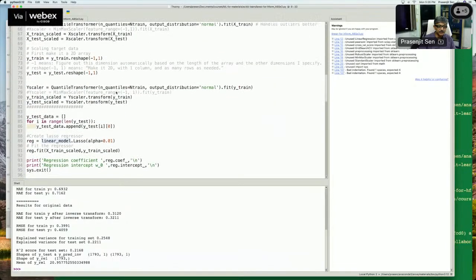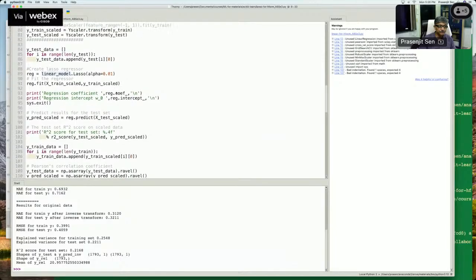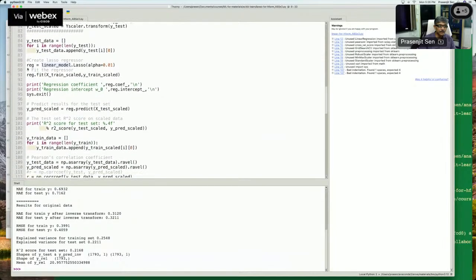The scaling, the split, everything goes as usual. The model is defined here. And in this example, I have put in a specific value of alpha. So here I'm not trying to optimize alpha. I just put in my value of alpha and do the whole thing just as before.